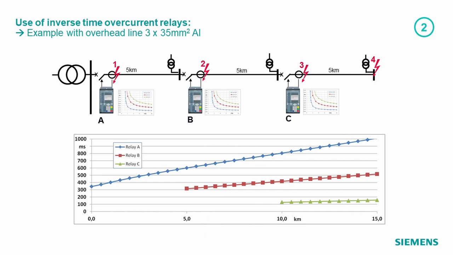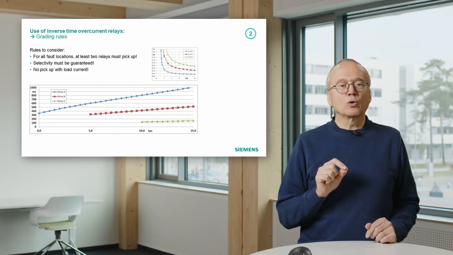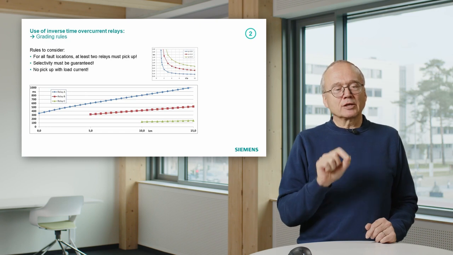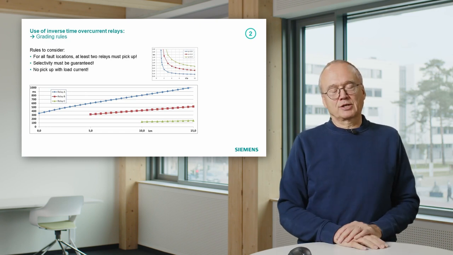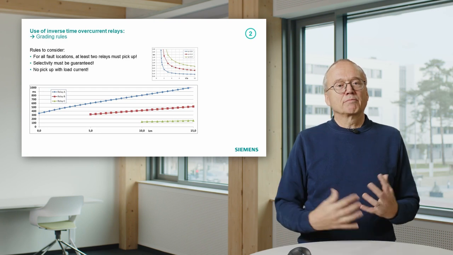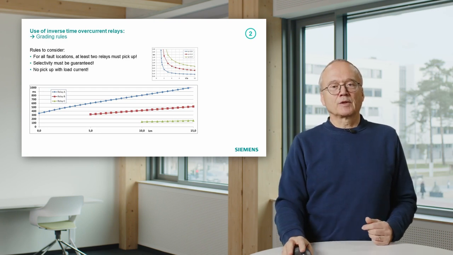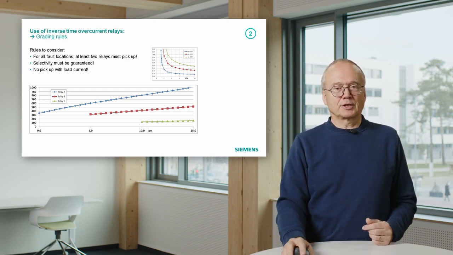But the important thing is, if we have a fault near the infeed, it will be tripped by the blue curve, but there the tripping time is now reduced in comparison to the application of the definite time overcurrent, because we use here the inverse time characteristic.